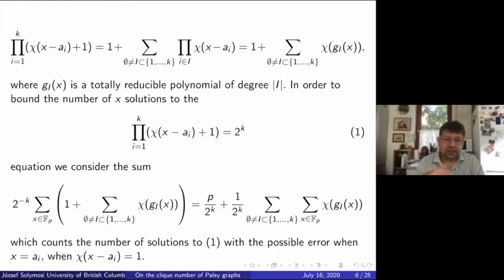So this will be a good counting function, and you run through all possible x's over F_p. Good. So you work a little, not much. So clearly the first term is p over 2 to the k. You just sum p times 1, and then what you are left with is this form. We didn't really do much here. Here again, note that this counting is not exact because of 0, but that's just a very minor error, so we don't have to worry about it, right?